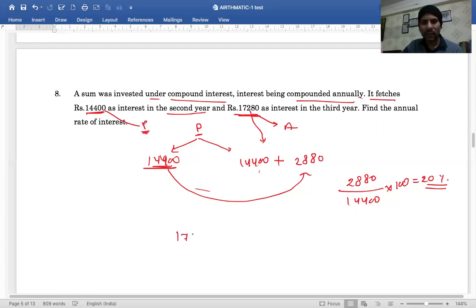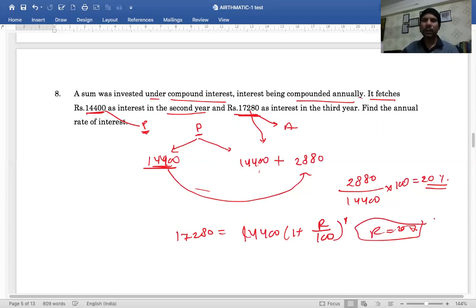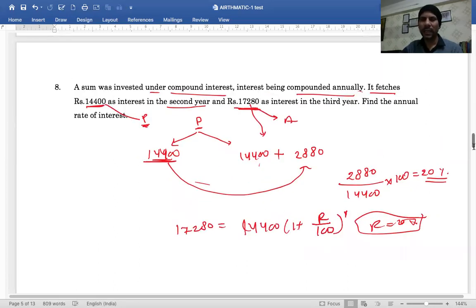You can say 17280 equals P, which is 14400, times 1 plus R upon 100 raised to 1, because the duration is 1 year. Now you can solve this and find the value of R, which is 20%. This is the beauty of compound interest. You can take anything as a principal or amount, whether it's interest or the actual amount.